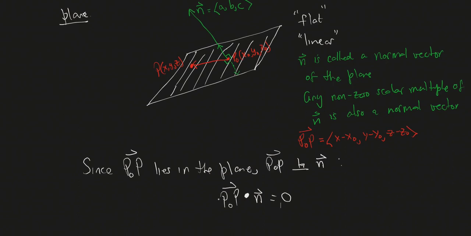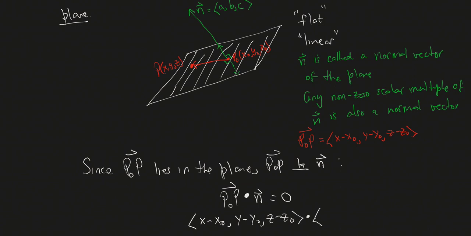Well, because we have the components of both vectors, let's actually write down this expression and see what the dot product actually gives. So here are the components of my vector in the plane, right? I have my variables x, y, z, and then I have the coordinates of a fixed point.